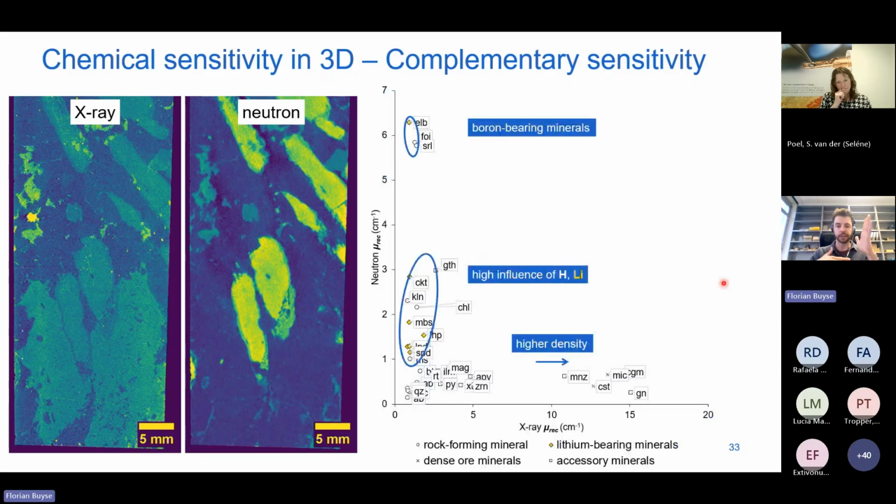We can plot this again now combined, with X-rays on the x-axis and neutron on the y-axis, to look really if it has a higher density. We can see those with X-rays. If it has a high influence of hydrogen or lithium, it has more sensitivity to neutrons. And for instance, boron-bearing minerals have a really high influence for neutrons, to then again define those minerals in 3D.